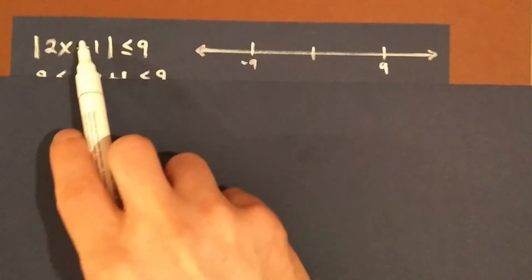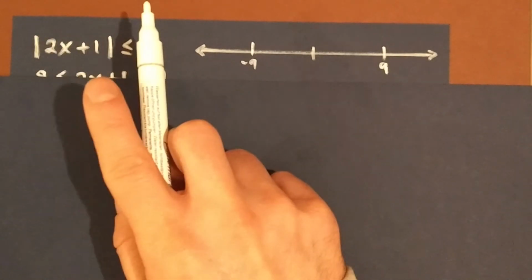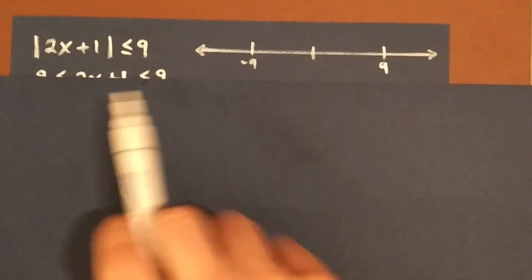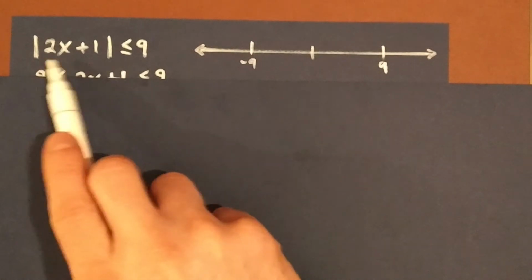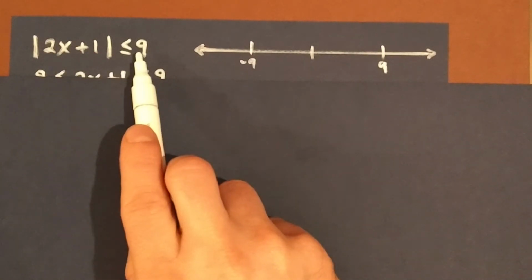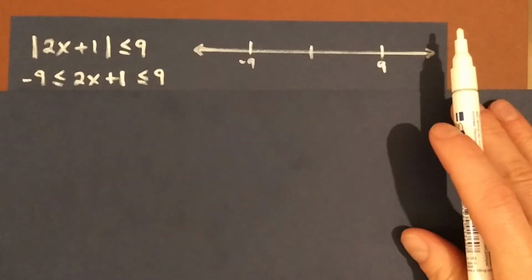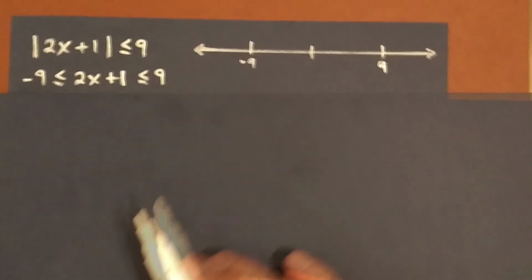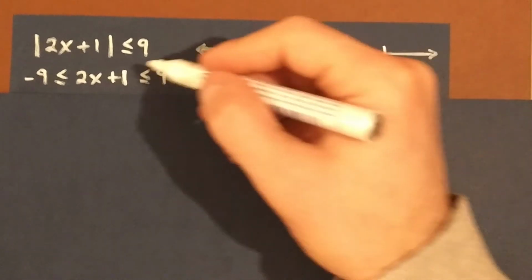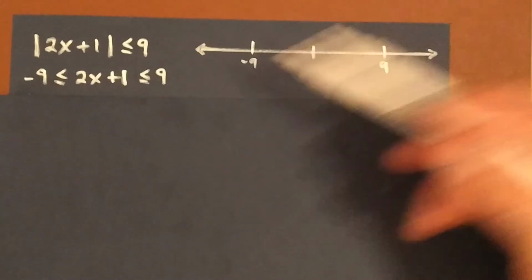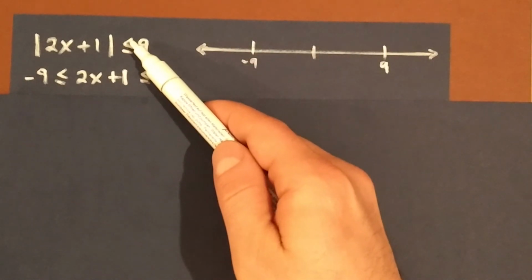But here we're talking about this expression, not x, so we'll find x after. But we know that this expression is between 9 and negative 9, and it's or equal to, so 9 and negative 9 are also possibilities for this expression. So you can remember the rules.